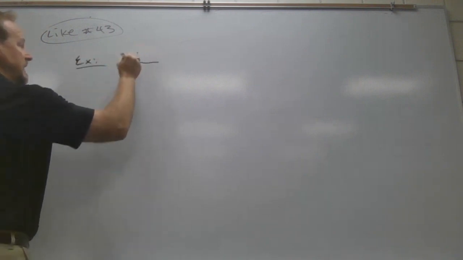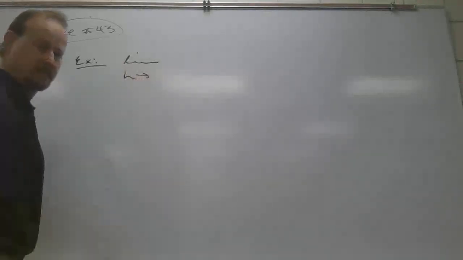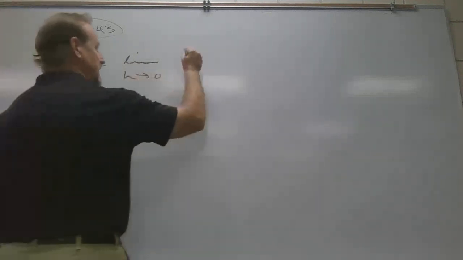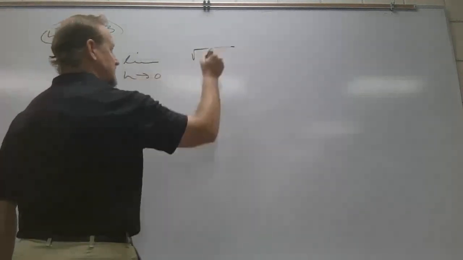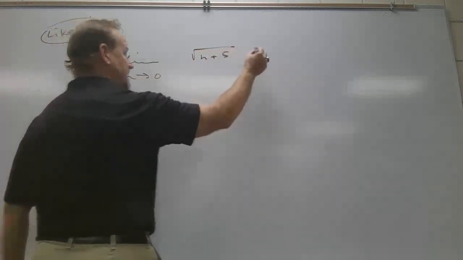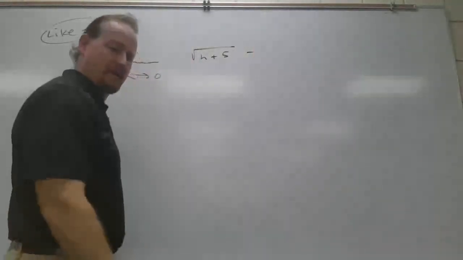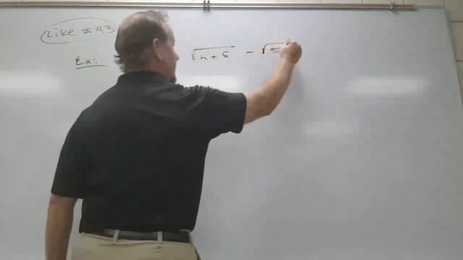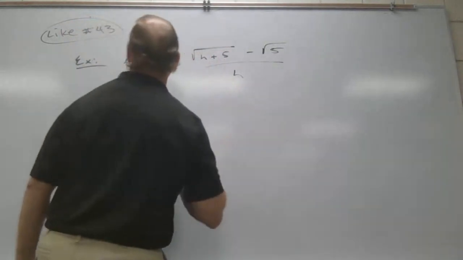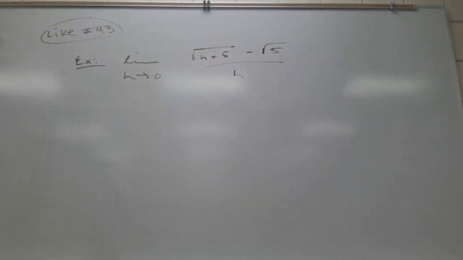The limit as h goes to 0 of the square root of h plus 5 minus the square root of 5, all over h. Okay, well, what can I do here?